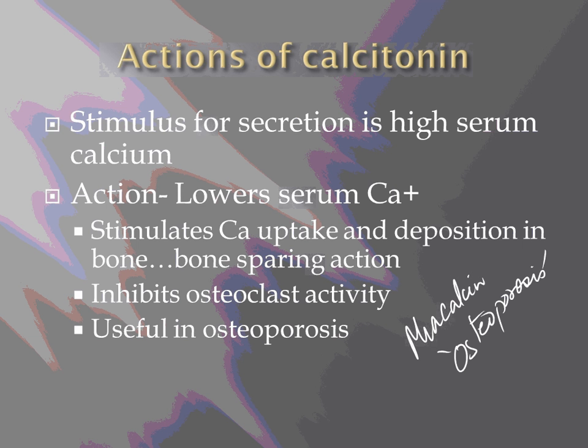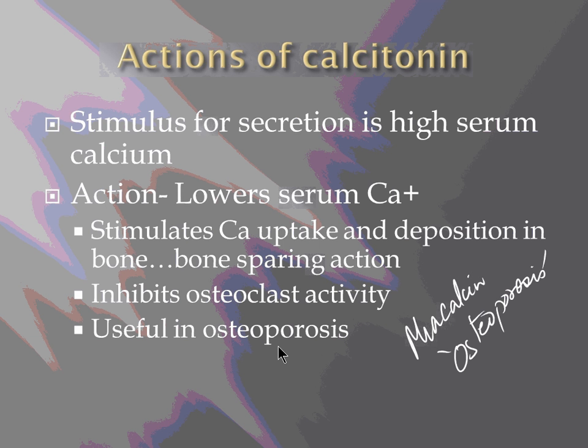Now, osteoclasts remove calcium from bone, and when that calcium is removed, it's pushed into the bloodstream. Since calcitonin lowers serum calcium, it inhibits these osteoclasts from acting. That's how it helps in osteoporosis.